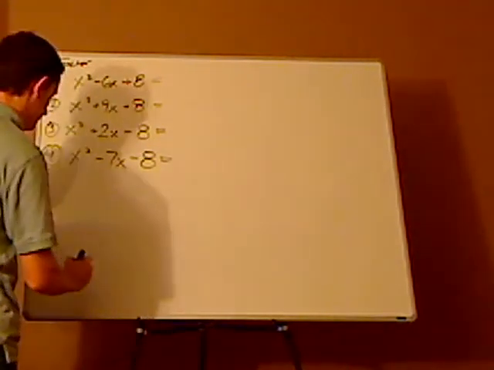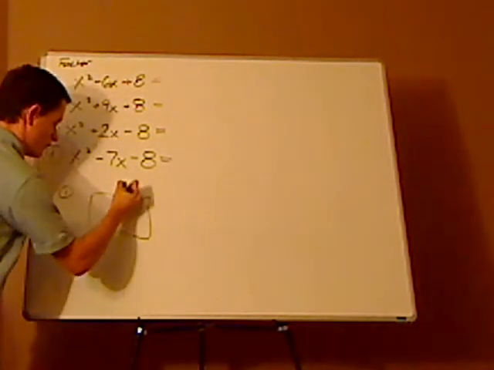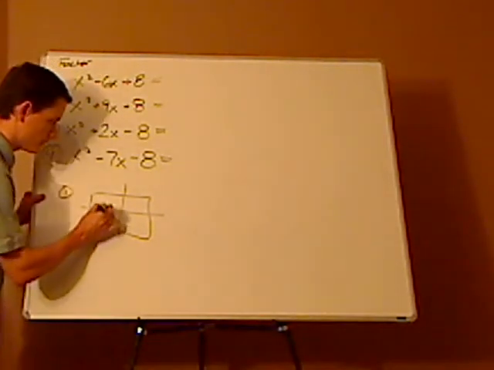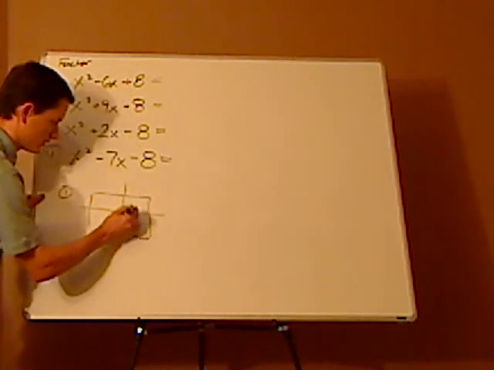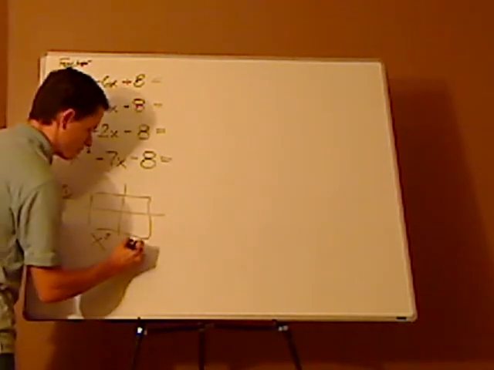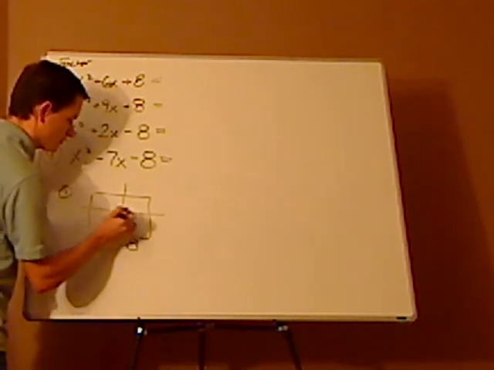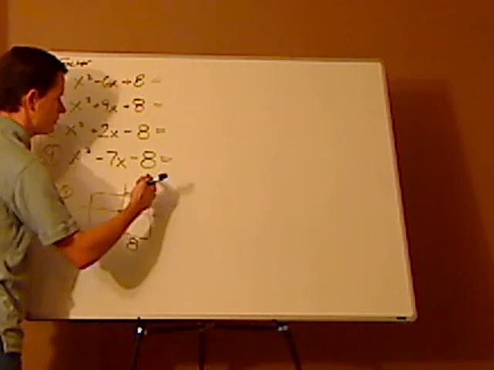So for the first one, for number 1, set up your box. Now with the box method, this times this gives you your first term. This times this gives you your last term, which has to be 8. And then the diagonals give you your outer and your inner, which add up to the middle term.